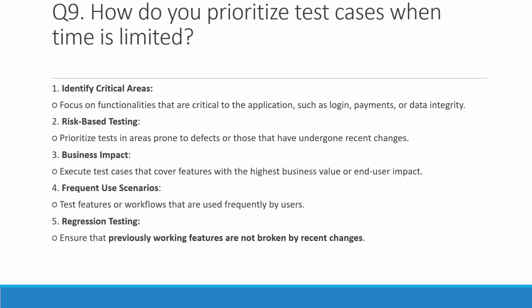Prioritize areas prone to defects or that were recently changed. Next one, business impact. Test features with the highest business or end user value. Next, frequent use scenarios. Cover workflows used most often by users. Next, regression testing. Ensure previously working features are still functioning post changes.